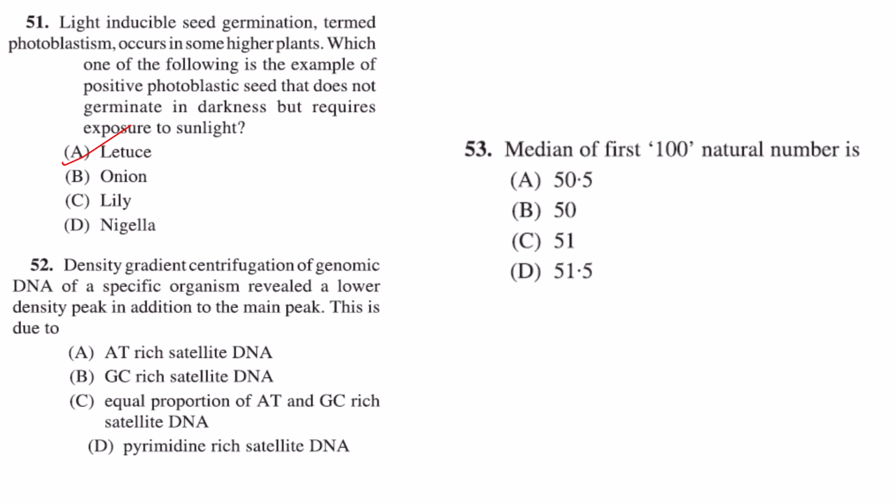This lower density peak in addition to the main peak, so lower density peak suggests the organism has AT rich DNA. So the answer here will be AT rich satellite DNA. And this AT rich DNA sequence is found usually in the centromeric and telomeric regions of the chromosome.